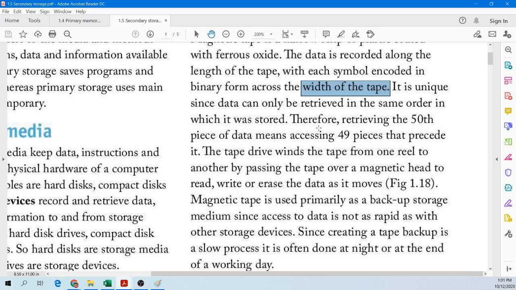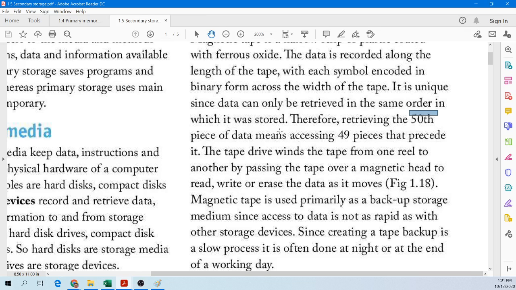What that means is that you have to access one after each other. So if you have 50 pieces of data on that tape, in order for you to access the 50th piece, you have to look at piece number 1, piece number 2, piece number 3, and continue until you reach the 50th piece.